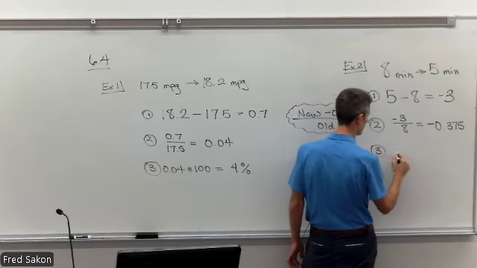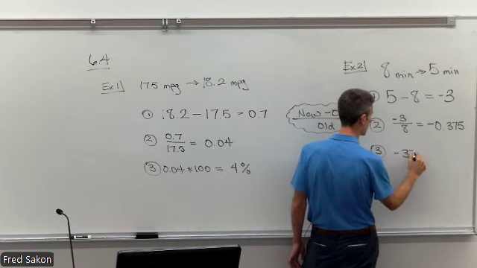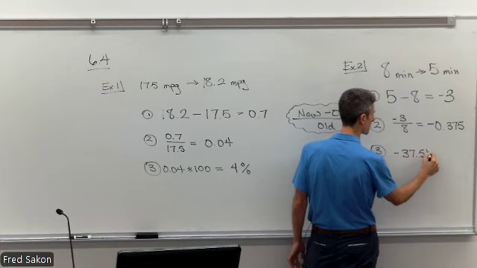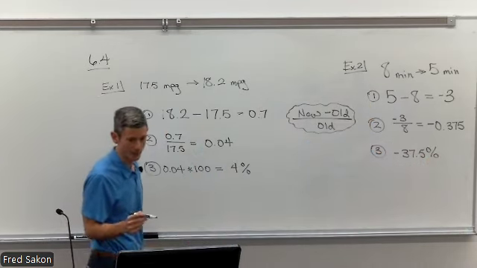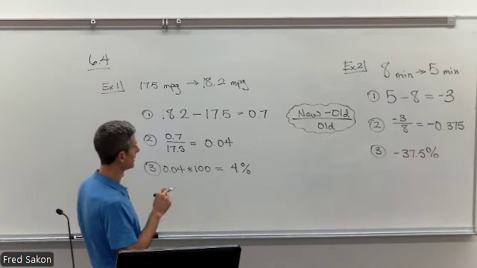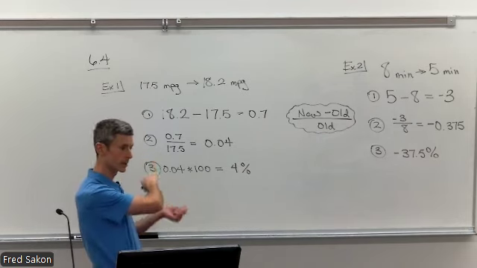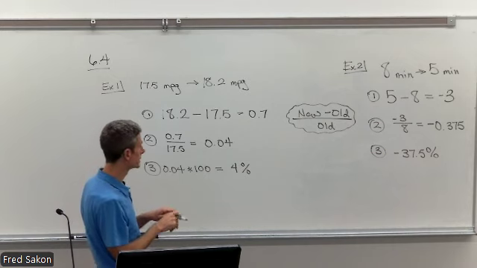And then finally, we take that and convert it to percentage. So we have 37.5% decrease in that case. We went from larger number to smaller, so it's a decrease.